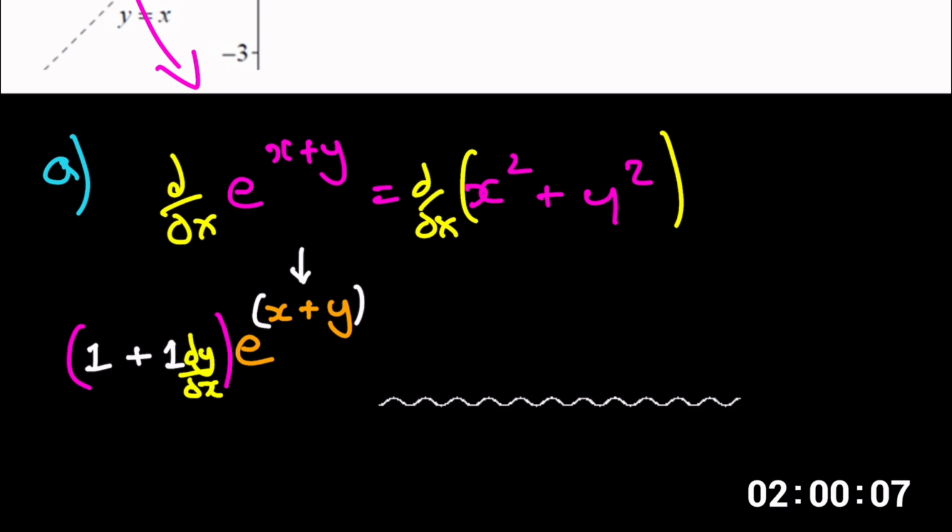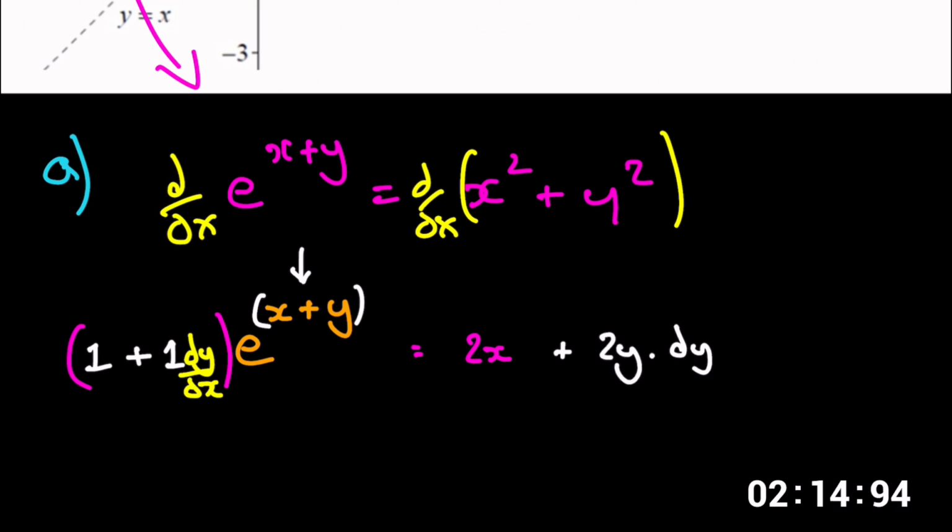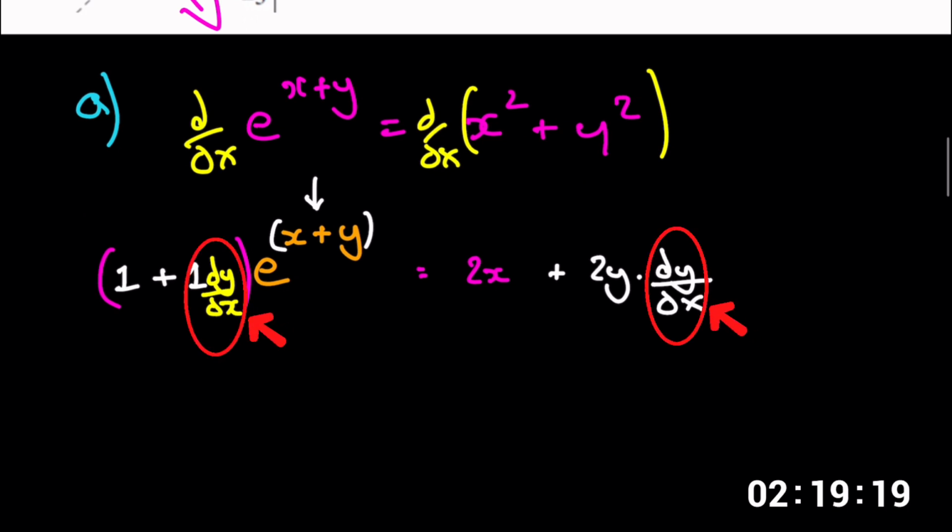On the right-hand side, the derivative of x squared is 2x, and the derivative of y squared is 2y, and then we have to multiply by dy by dx. Now I want to make dy by dx the subject, the terms I'm underlining in blue here.